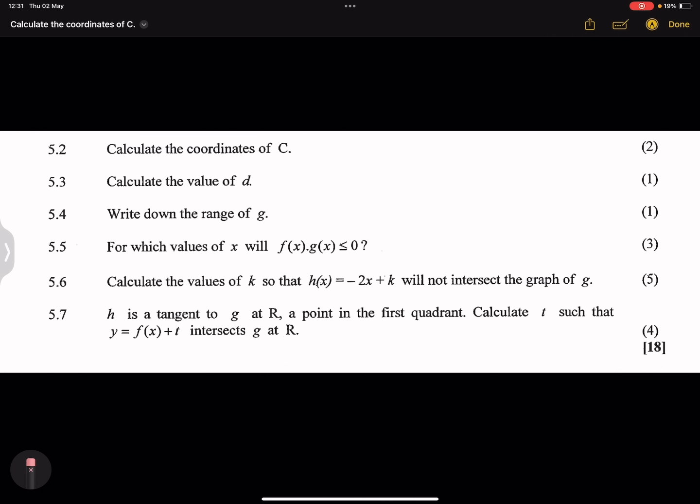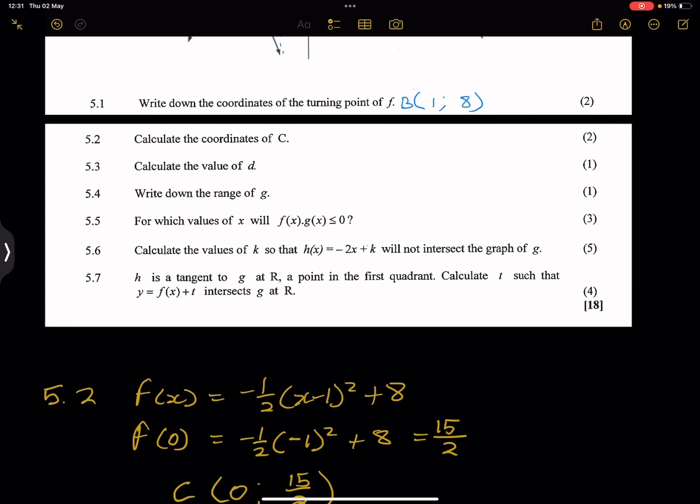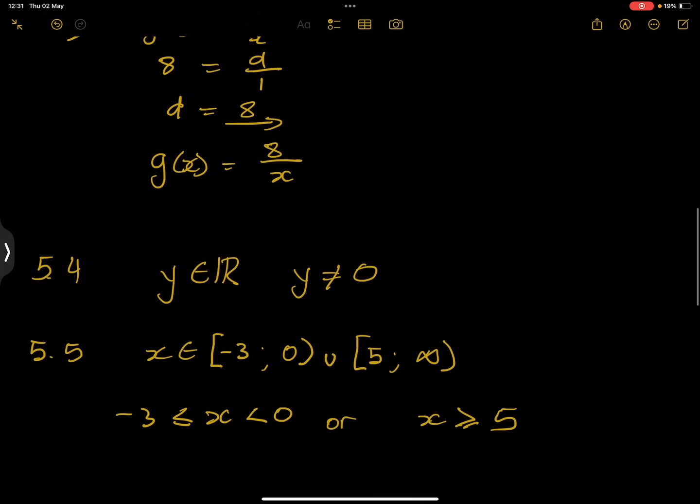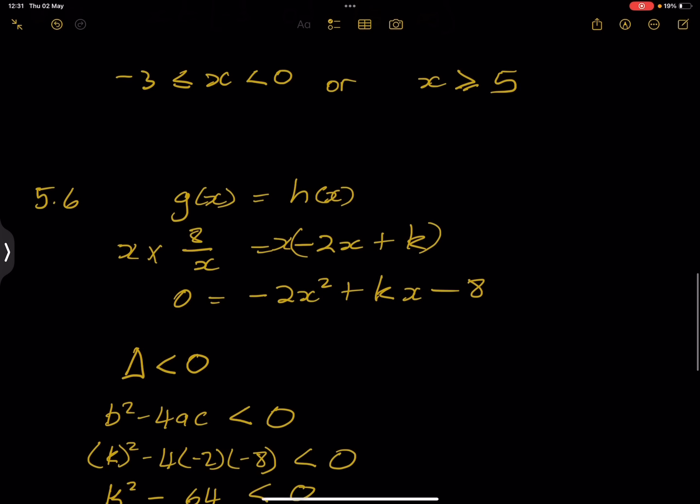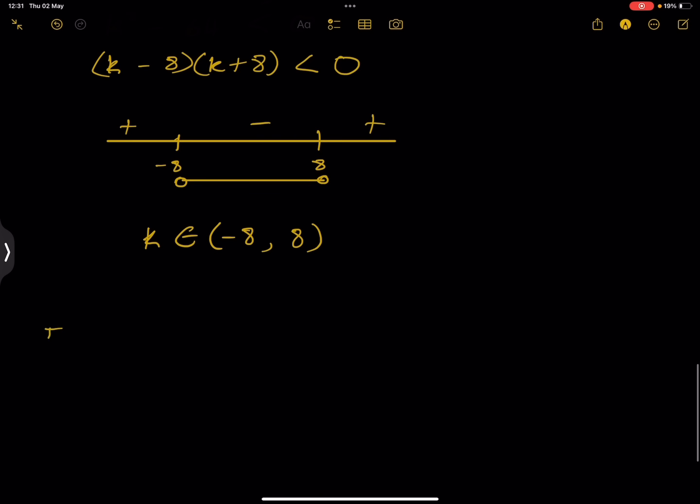So now this tells me that this must be the point where the two are going to actually intersect, right? Which means let me take the derivative there. We've taken 5.6, so 5.7. So g of x is 8 over x.